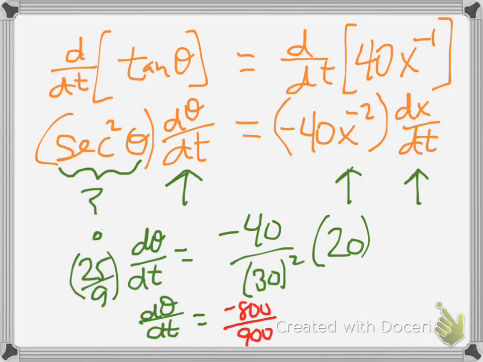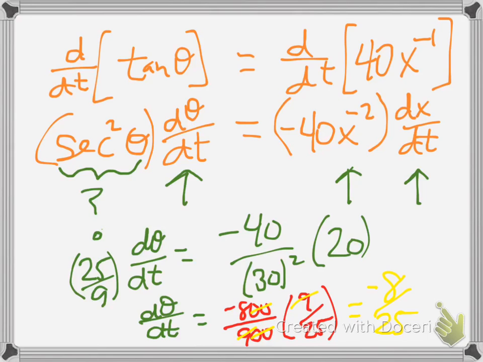When I multiply by the reciprocal of the 25/9 to move that over, we get 9 over 25 here. I was going to leave that to you to do, but that's just me being lazy. The zeros here are going to cancel. The 9 is then going to cancel with that 9, and we're left with -8/25 as the rate of change of that angle.